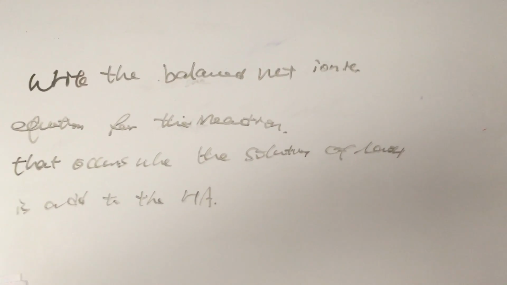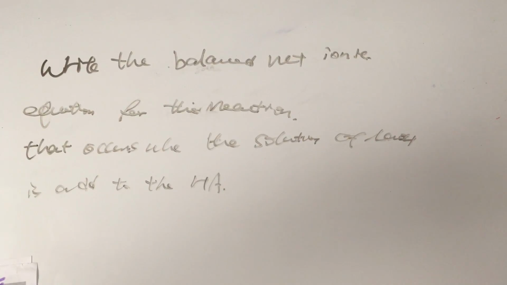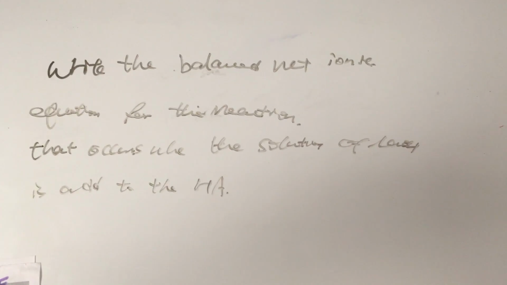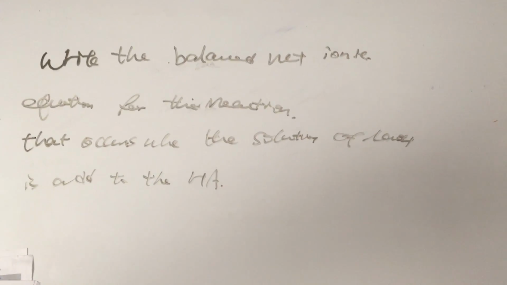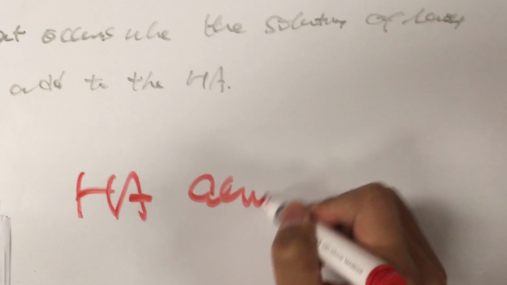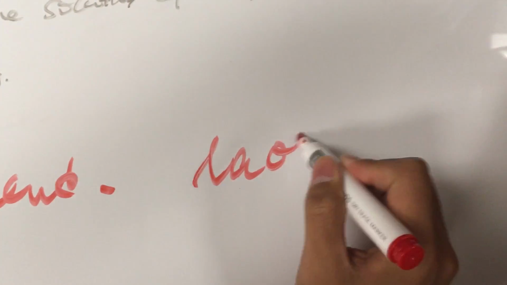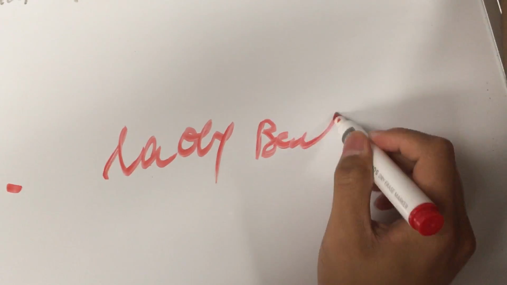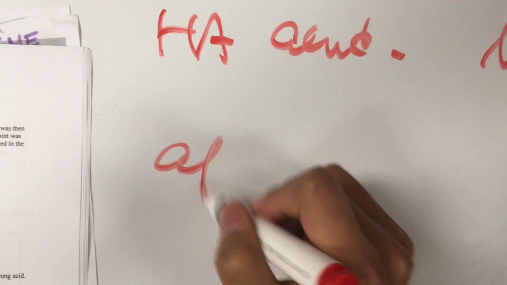Question B. Write the balanced net ionic equation for the reaction that occurs when the solution of sodium hydroxide is added to the HA. As we know, HA is an acid and sodium hydroxide is a base. So when they are added together, we should have an aqueous salt and H2O, water.